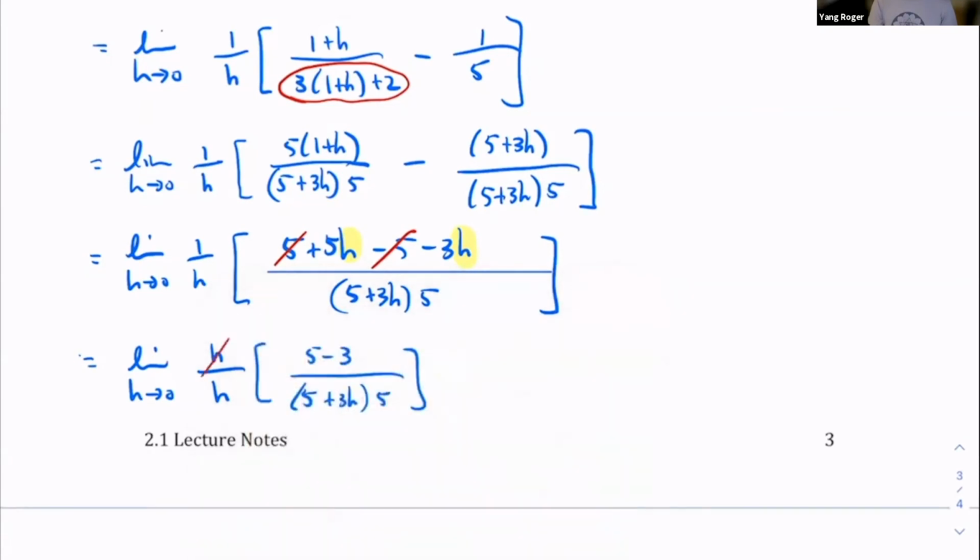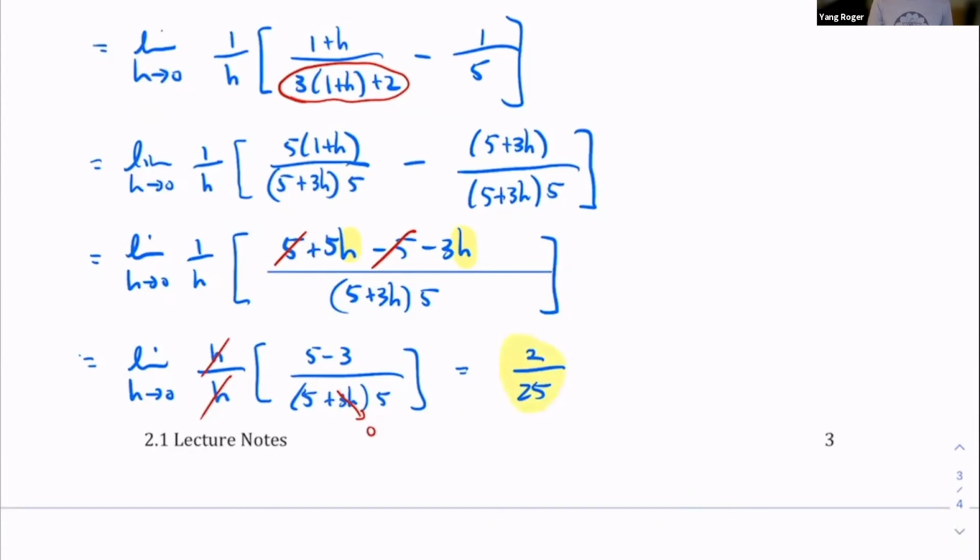So the h here and the h here cancel out. And now I can take the limit as h goes to 0. So as h goes to 0, this 3h part is going to go to 0. So what we're going to have happening is you just have a 2 left over on top and a 25 left over on the bottom because it's 5 times 5. So I think the answer that we get is 2 over 25 unless I made a mistake.